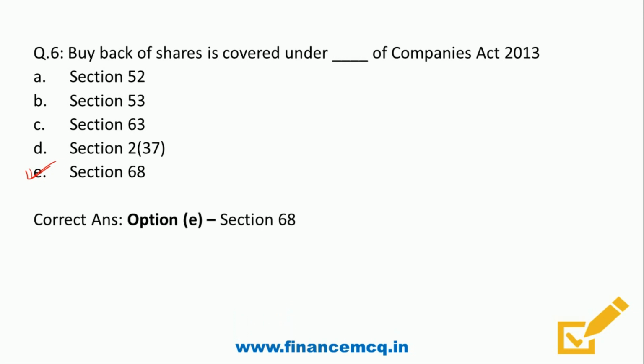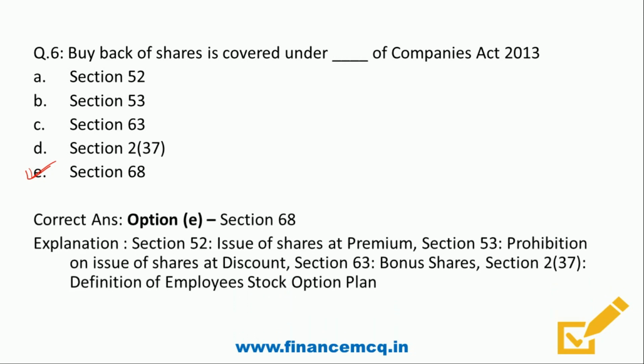And friends, the other sections mentioned here: section 52 relates to issue of shares at premium, section 53 is related to prohibition on issue of shares at discount, section 63 is related to bonus shares, whereas section 237 defines ESOP plan.